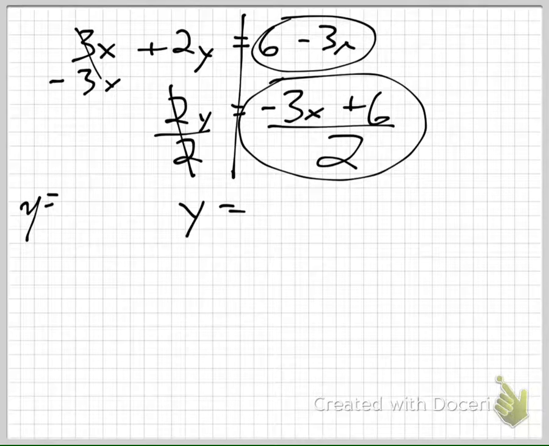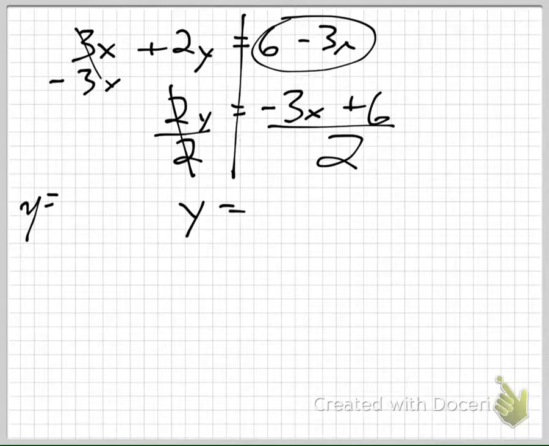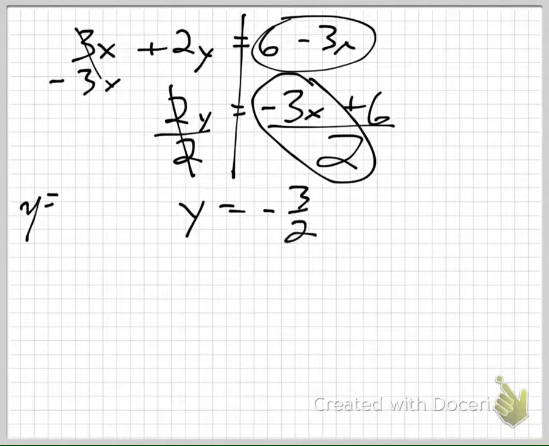What I'm going to do is use the distributive property using division, right? Using division. What is negative 3x divided by 2? It is negative 3 halves x. You need to just see that that's the same thing. If you can't see that it's the same thing, you're kind of lost here.